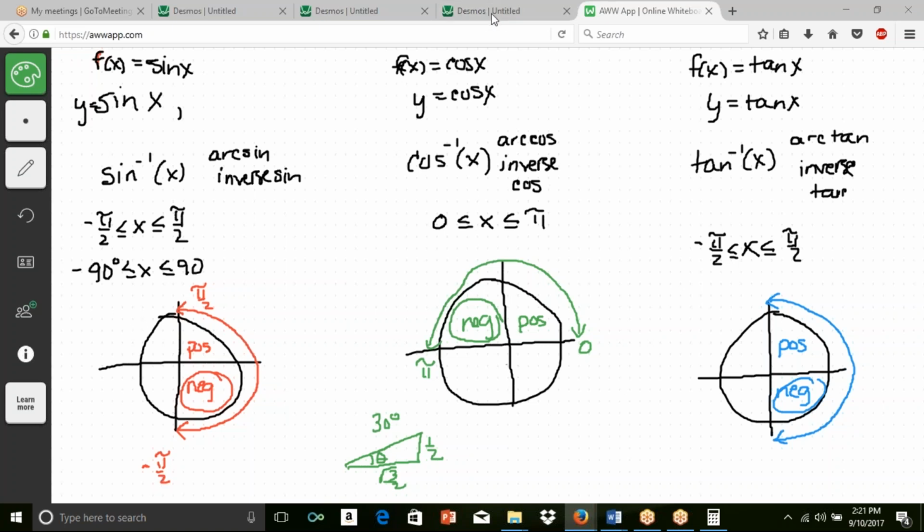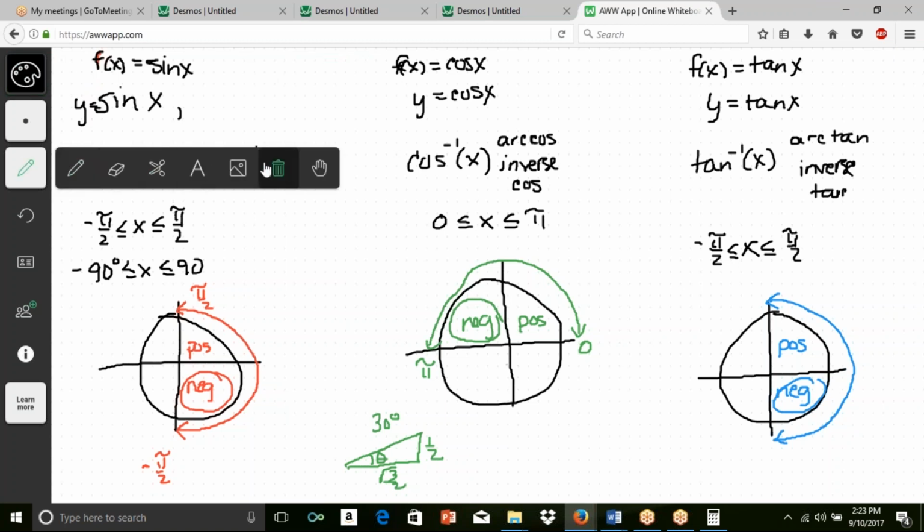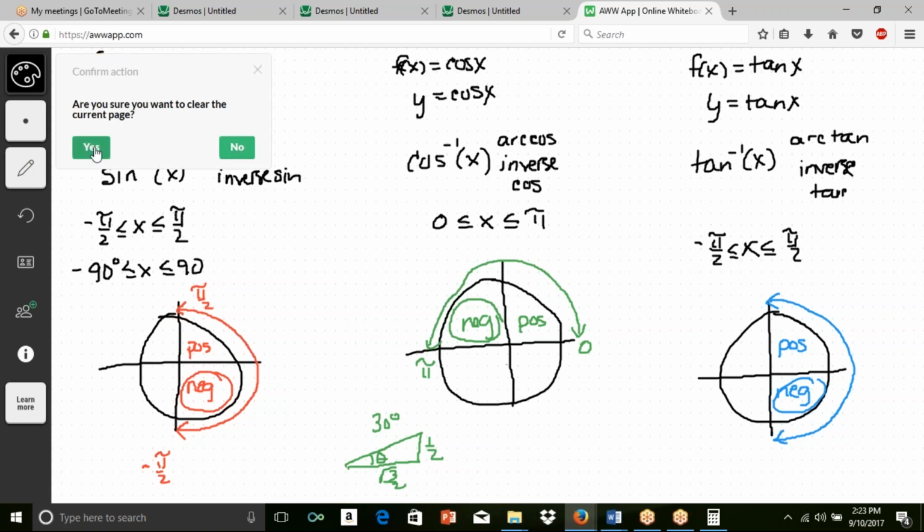those are our restrictions for our inverse sine. Okay, one of the last things that I want to do before I end this video is talk real briefly about something, and then we will expound on it in a future video. So sometimes you're going to see y is equal to sine of arc sine of x.